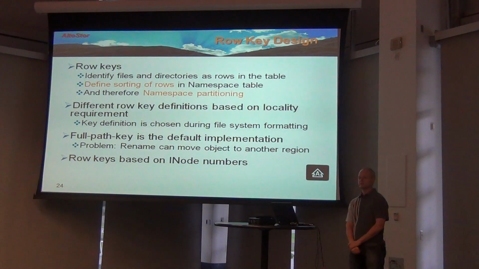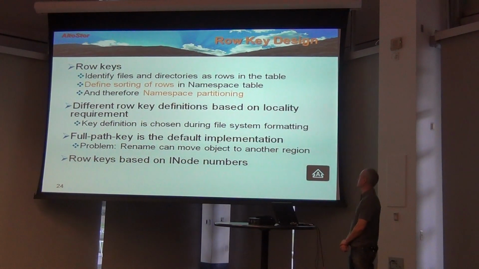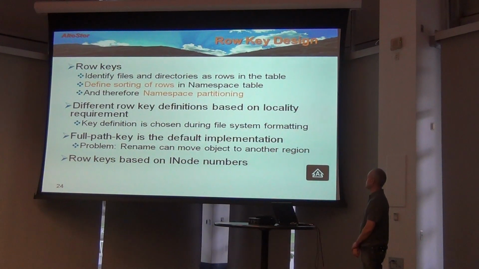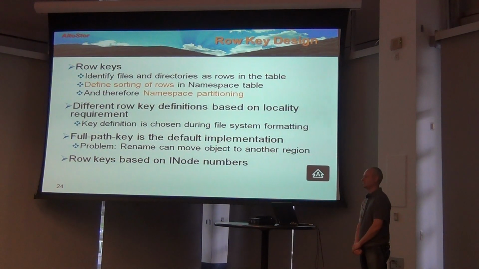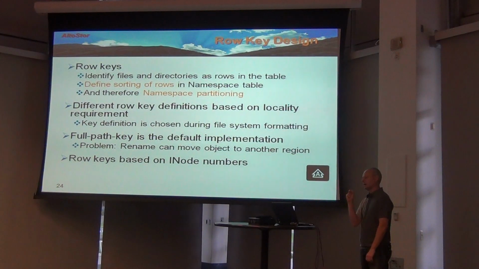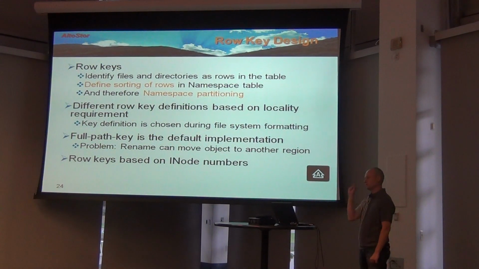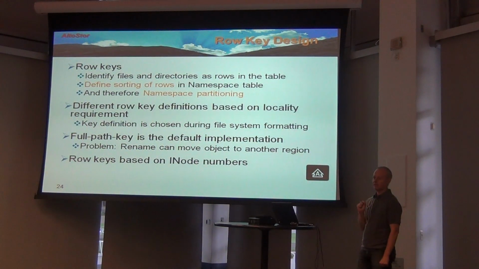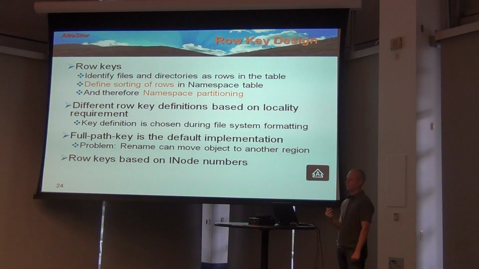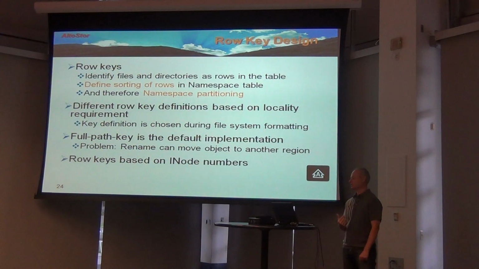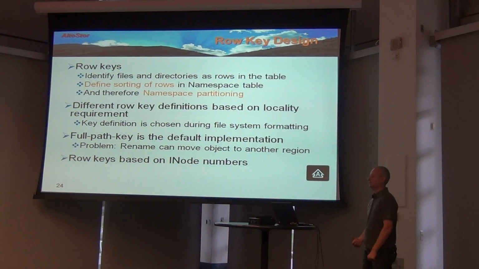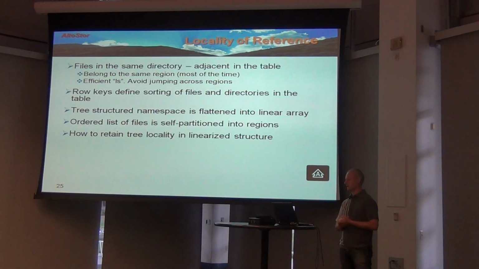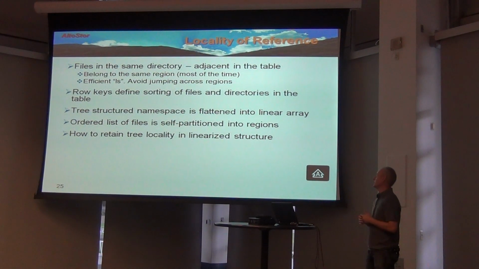And this is not a very satisfactory definition of the key, because a single rename, even of the local file name, can move the file into a different region, and that makes it non-atomic, and we want to avoid that. In order to avoid that, we will need to introduce inode numbers and base row keys on the inode number.